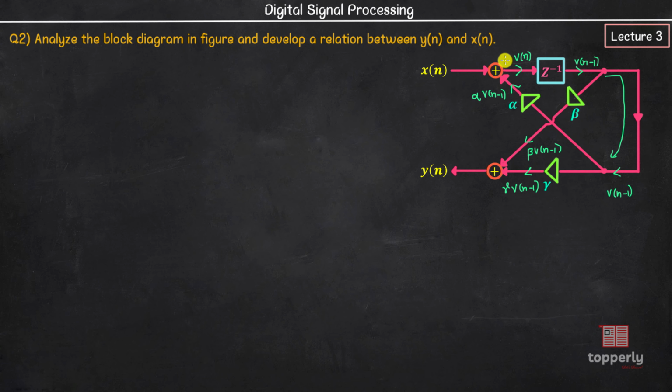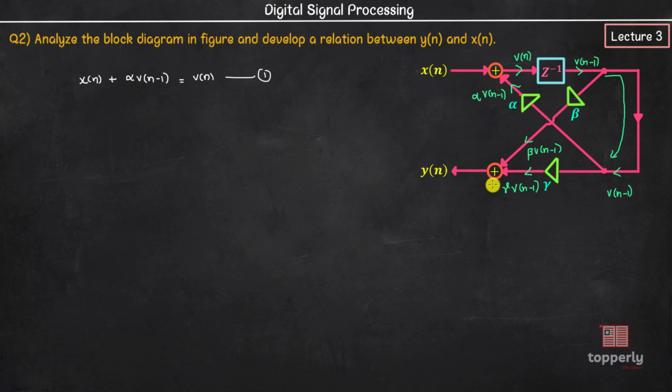Now at this adder circuit, x of n is added with alpha into v of n minus 1 to get v of n. So the relation is x of n plus alpha into v of n minus 1 equal to v of n. Let us name it as equation number 1.